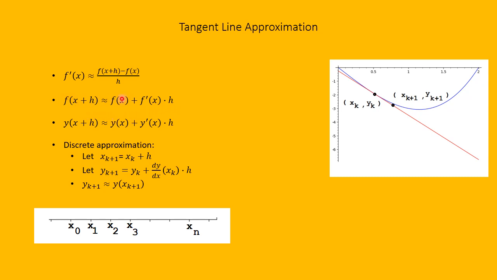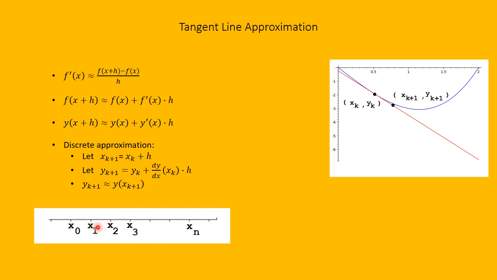Let's replace the f of x's by y instead. y will be our function of x. So I'll next write y of x plus h is approximately equal to y of x plus y prime of x times h. Next thing we'll do is a discrete approximation of this formula. So we're going to think of an interval on the x-axis evenly divided into subintervals with endpoints x naught, x sub 1, x sub 2, x sub 3, all the way through x sub n.